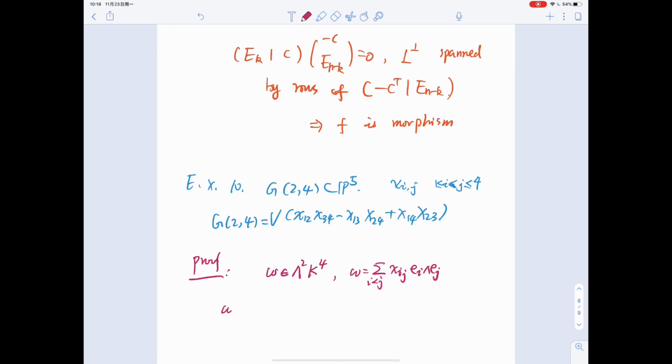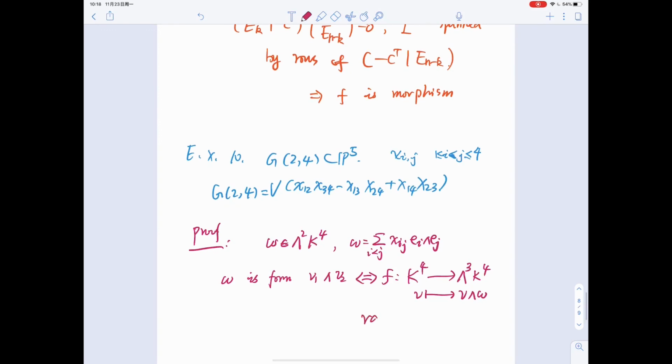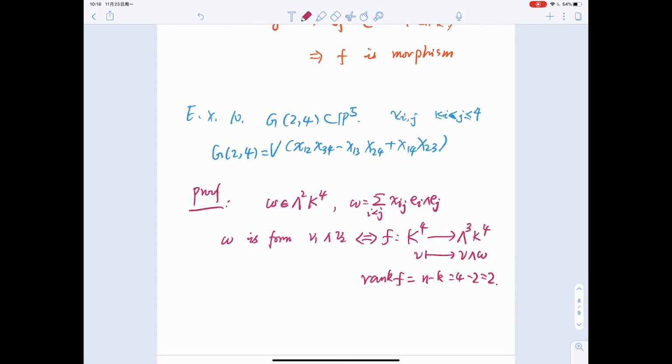Then, from the previous lemma, omega is of the form v1 wedge v2 if and only if the map F from K^4 to Λ^3 K^4 has rank equal to n minus k. So omega wedge omega is v1 wedge v2 wedge omega.